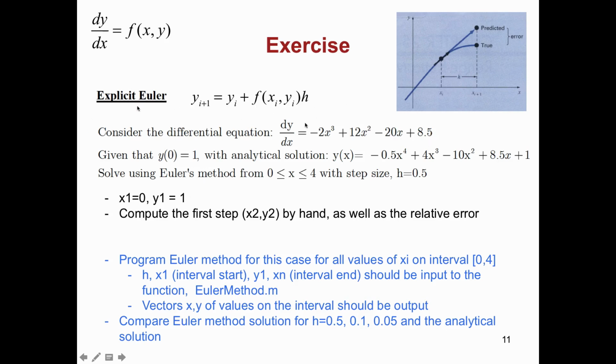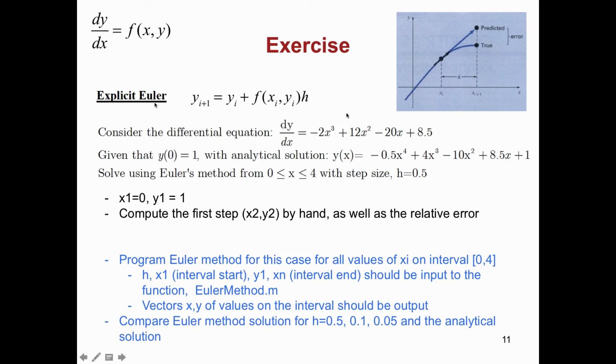This is my function f. It's actually just a function of x. It's not a function of y. Or in mathematical lingo, it's a trivial function of y. It doesn't depend on y. So it's really just f of 0, which is 8.5 in this case.